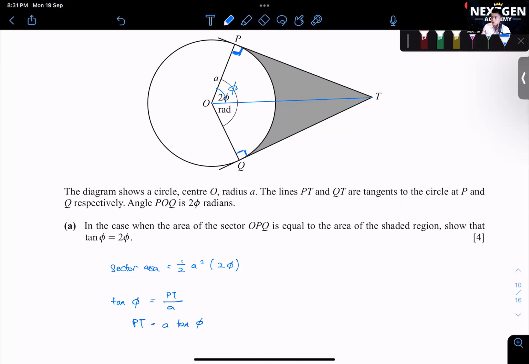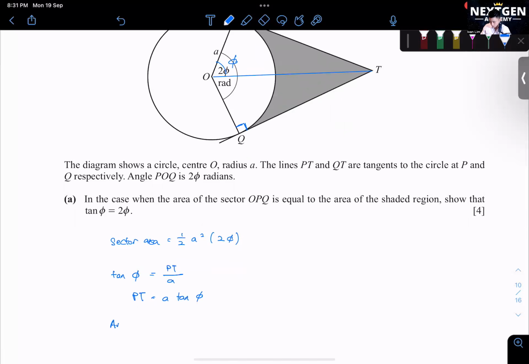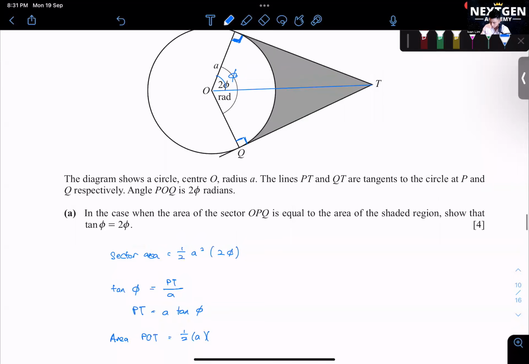Okay, how do we find the area? Half times base times height. So the area of POT is half times base times height.